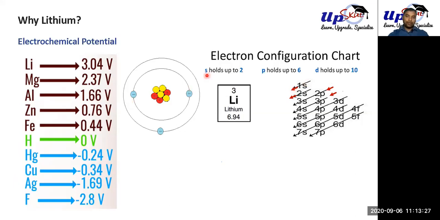Now we have the second orbit, which is also an s orbit, but it only has 1 electron, while it wants to hold 2. So this lithium will always want to eject this electron. It is happier and more stable when it has ejected the electron. That's why lithium is highly reactive.